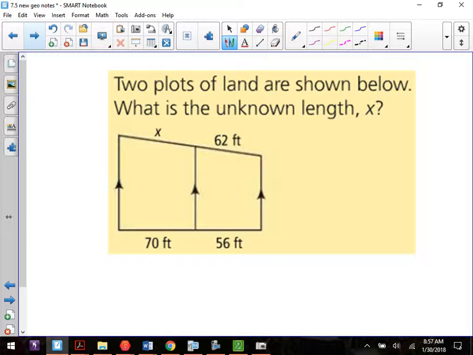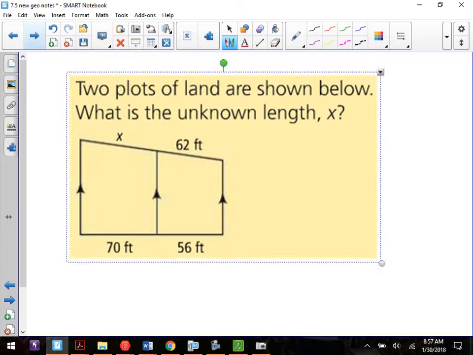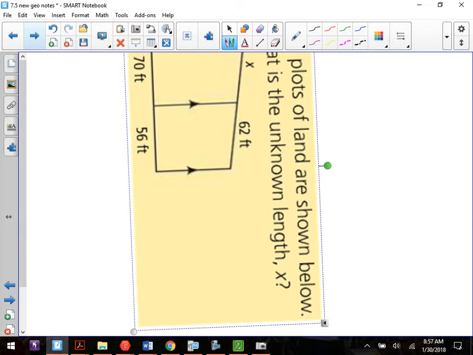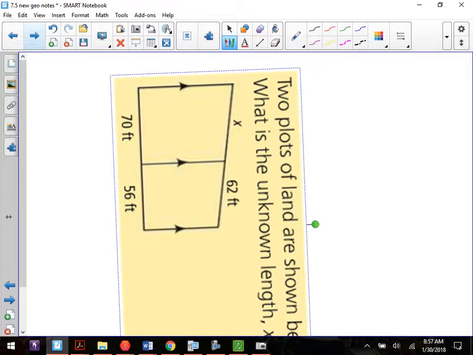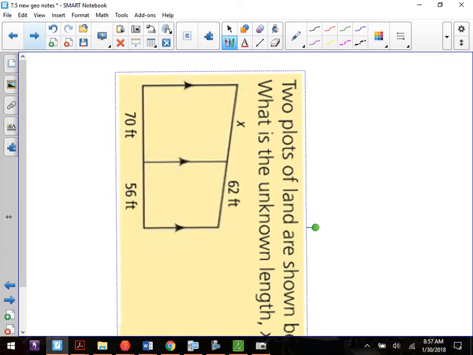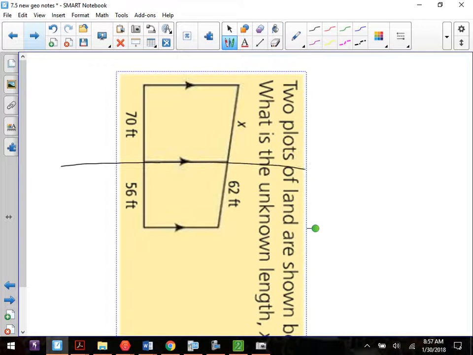If I tilt my head sideways, they go horizontal, right? Horizontal-ish. Now, doesn't this act as a fraction bar? See how that works? It's super easy to put it together like that. And you've got your fraction bar of 70 over 56 is x over 62. Just by turning sideways, it picks it up quite a bit.